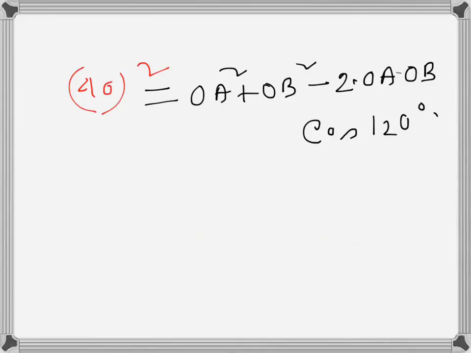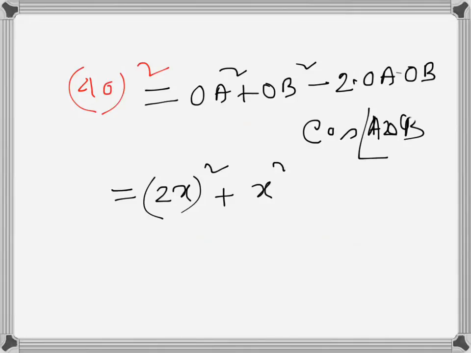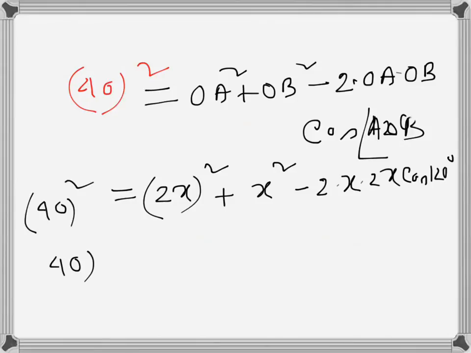So this is the cosine rule. I could have written angle AOB here, because then I could have written the values later. So this now becomes 40 square equals (2x) whole square plus x square minus 2 into x into 2x, and then cos of 120 degrees.